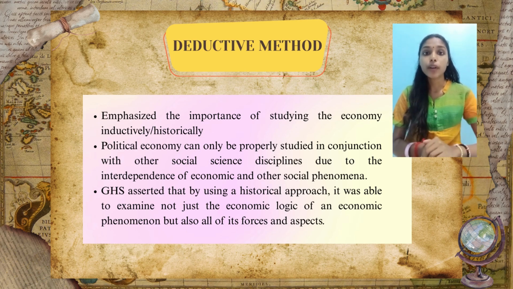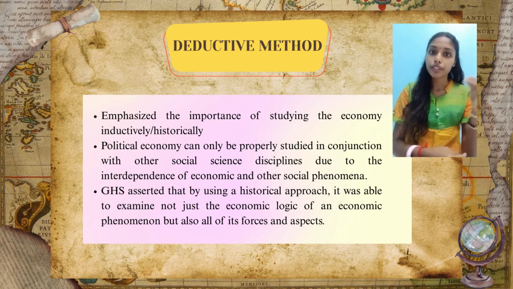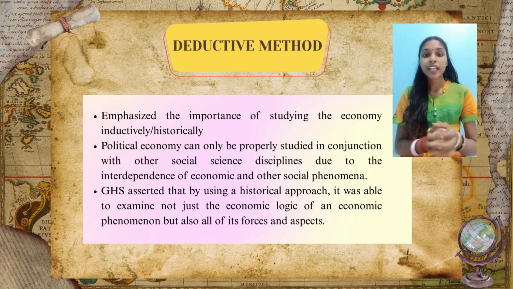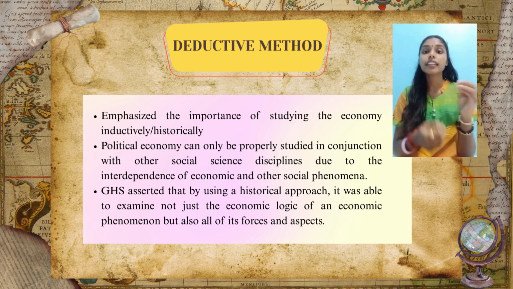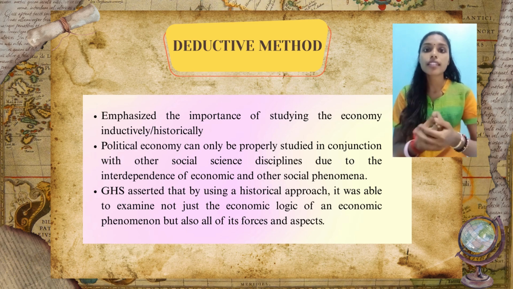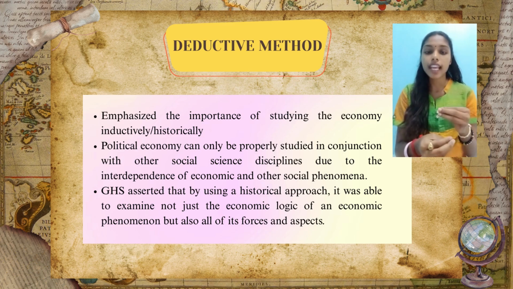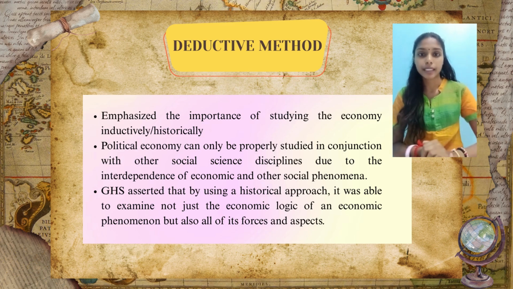So, from part to the whole, from particulars to the general, from facts to theories. Schmoller assessed that by using a historical approach, it was able to examine not just the economic logic of an economic phenomenon, but also all of the forces behind it.